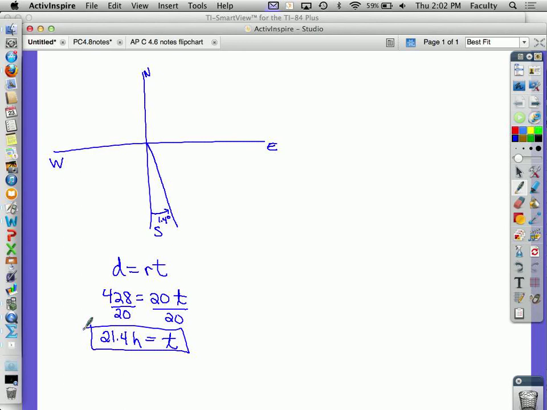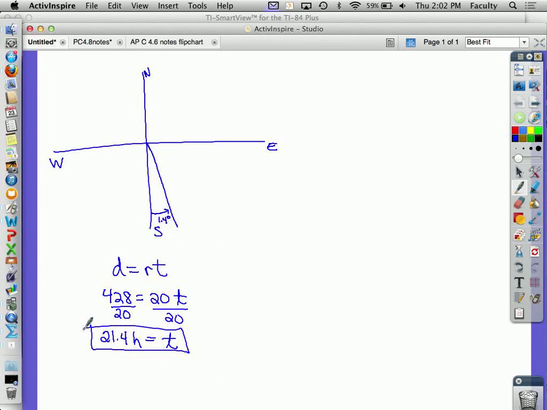Now the second question, this is where we're going to have to use our pre-calculus. It says, how far east and south is the boat after 12 hours? Okay, I know the direction it's going. It is going 1.4 degrees east of the South Pole marking. And it's traveling at 20 knots or 20 nautical miles per hour.